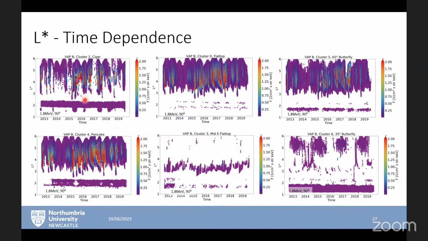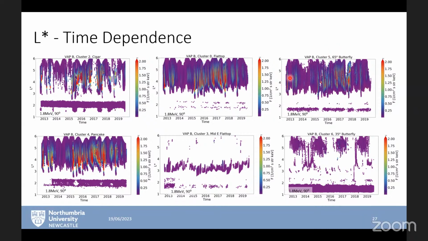Our cigar shape distributions, however, are very dominant along the outer edge of the outer belt, except for instances of intense flux enhancement. Our 65-degree butterflies, which we associated with wave-particle interactions, are very consistent throughout the 7 years.